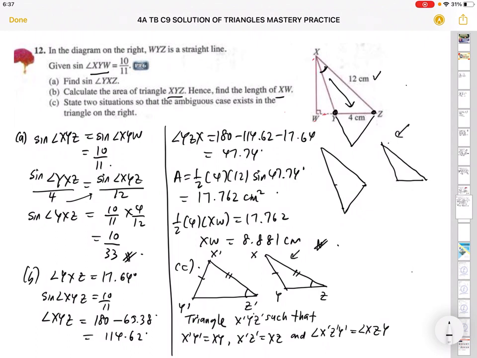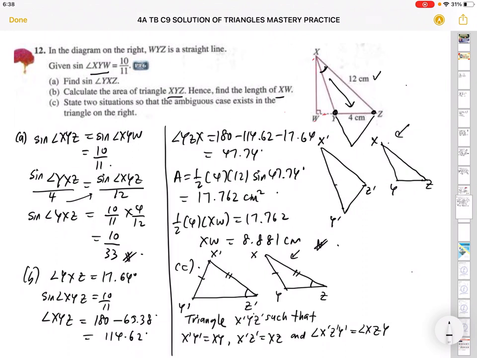So this is your X, I can call it X prime, Y prime. This is Y prime, this is Z prime, and this is my X, Y, Z. Don't have to label the measurement. Now we know this angle is the same as this angle.